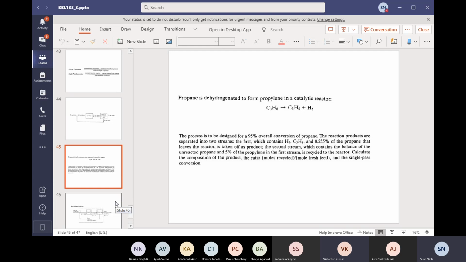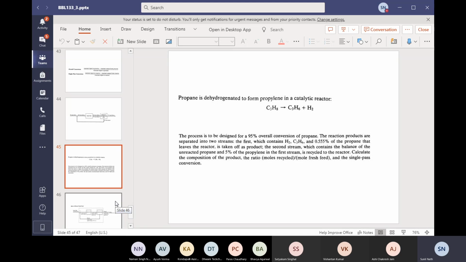So we can find what amount leaves the reactor. Right, but that still will not give you the recycle ratio or the single pass conversion. You'll have to do something more too, but let's go step by step.